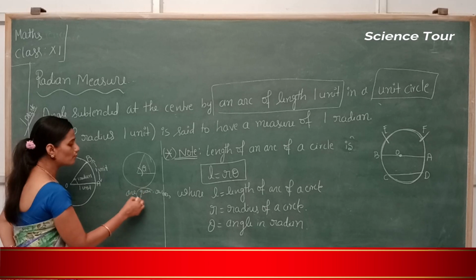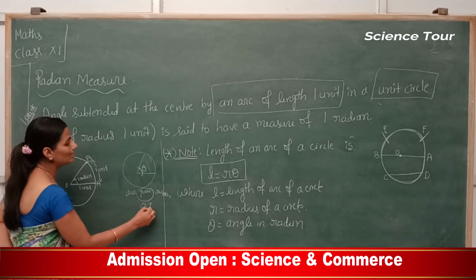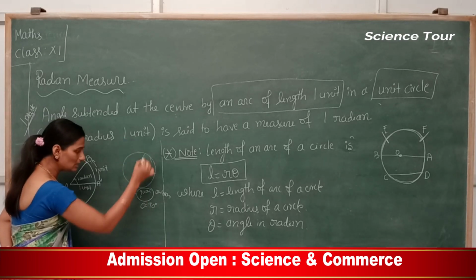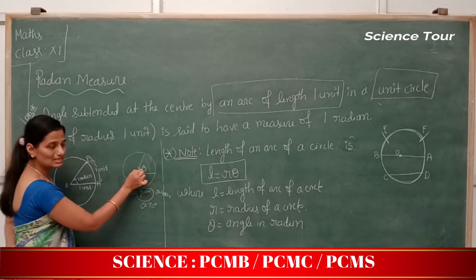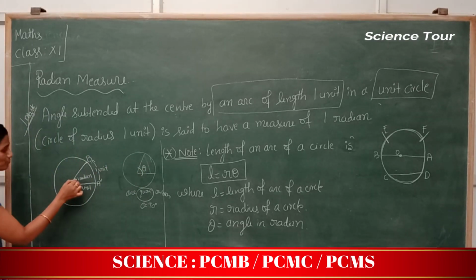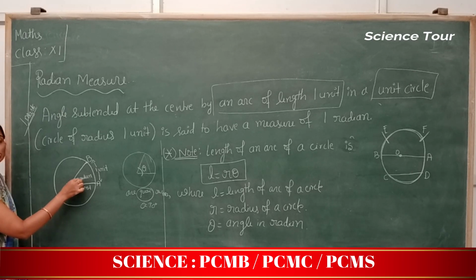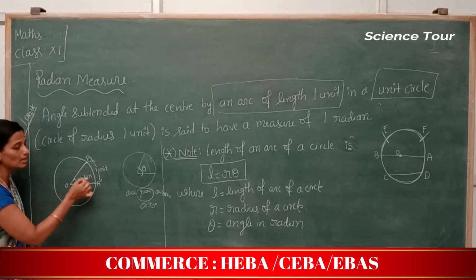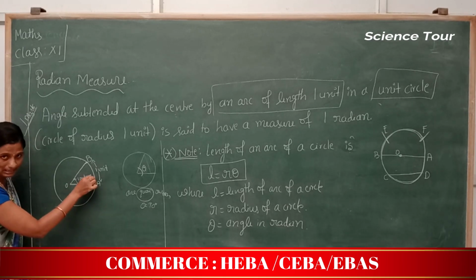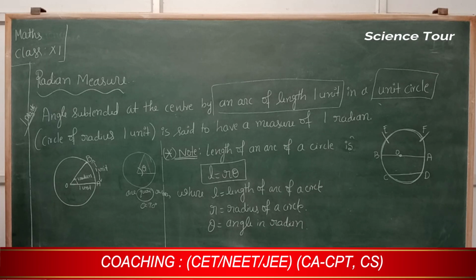Area of a quadrant means theta is what? The central angle is 90 degrees. So in that question theta is in degrees. Here also theta is a central angle, but the unit of measurement is different. Here the unit is 1 radian, not 1 degree. Any confusion here?